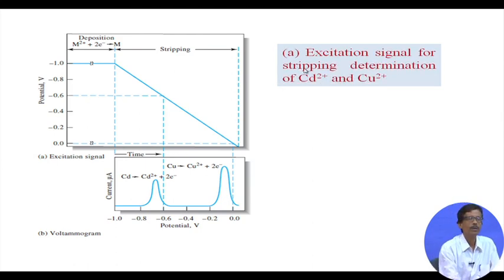For the stripping process we consider these two as the excitation signals for stripping determination of cadmium 2 or copper 2. This much time you have to spend, because you have to wait for the electrolysis for your reduction. Both bivalent cadmium and copper can be reduced.